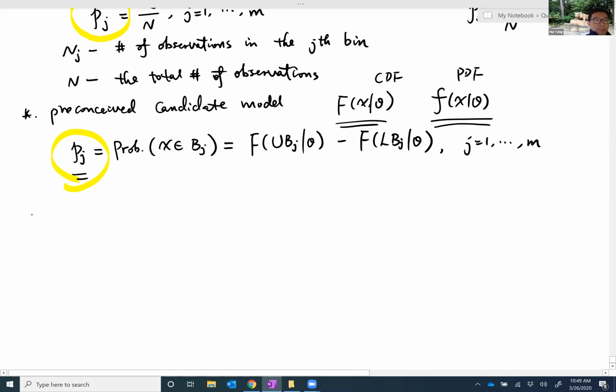Now, let's get into the goodness of fit test. First, we want to have the OJ.